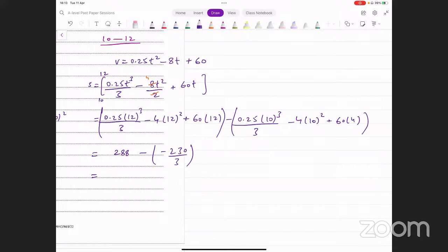The 288 seems to be fine. I'm going to subtract that and just input that here again. And यहाँ पे कुछ miss कर दिया. I think 0.25 is 14 over 3 for both brackets. Okay. Let me try that again. 0.25 into 1000 divided by 3. I think I'm going to divide by 3 miss कर दिया वहाँ पे. Minus 400 plus 60 into 4. That turns out to be fine.